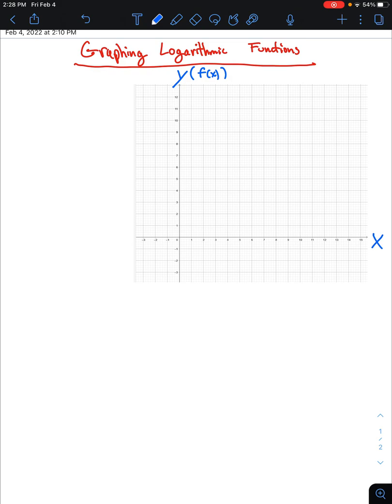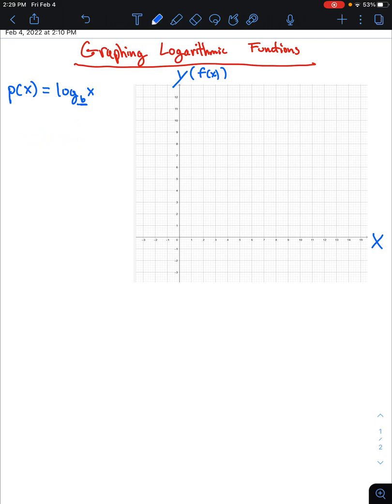First, we can consider the parent function for logarithmic functions. So we could say that p of x is equal to log base b of x. This is our most basic version of the logarithmic function. And what you'll note here is that we have log base b. Much like our parent exponential, p of x would have been b to the x, our base can be any number b, and that's useful, but we also might want to use a specific number to be able to graph and visualize.